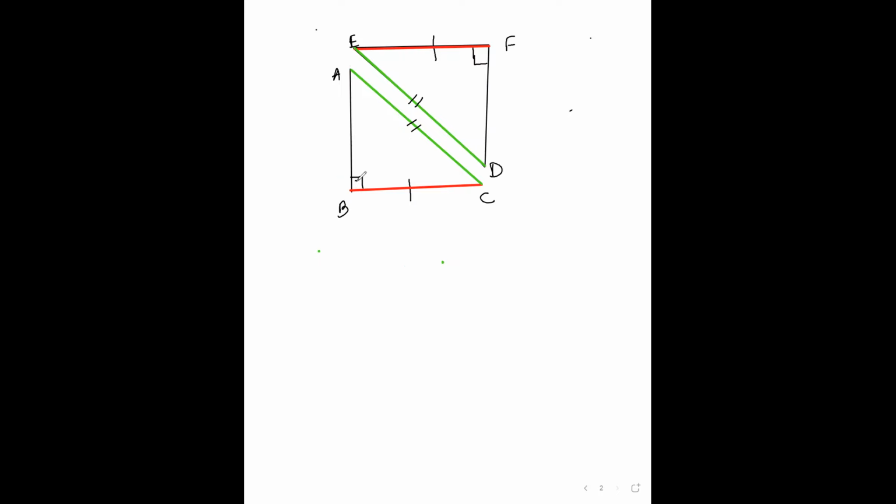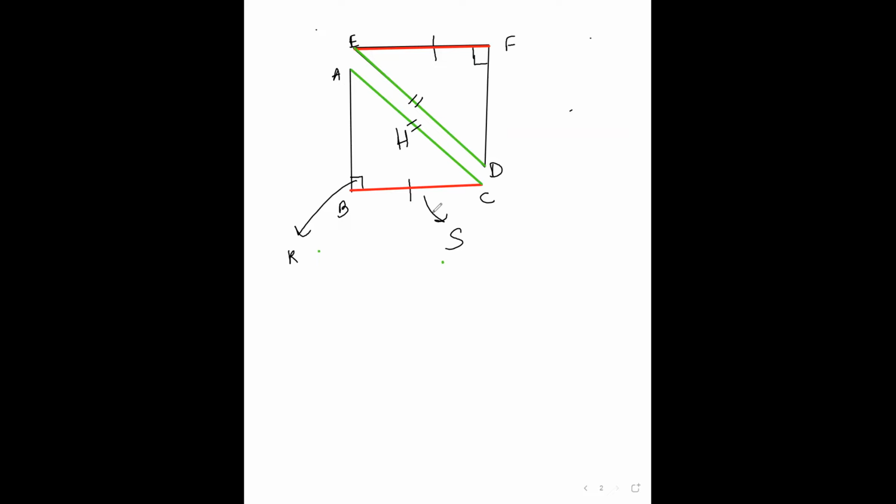Right angle, hypotenuse, and side. Hypotenuse is also a side, but we are talking about these 2 sides. Either of these 2 sides should be equal. Are you understanding it now?